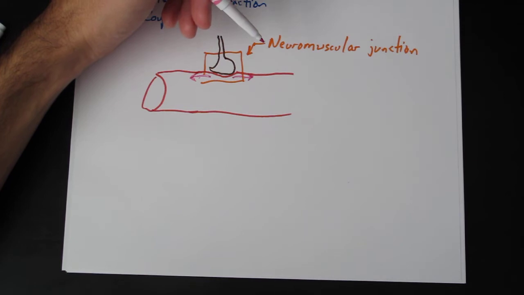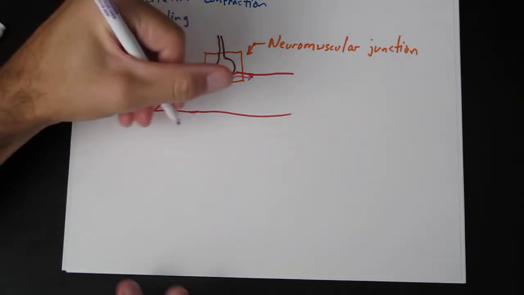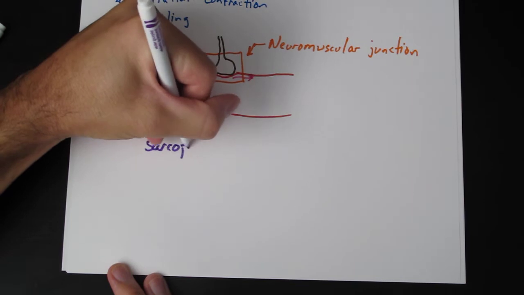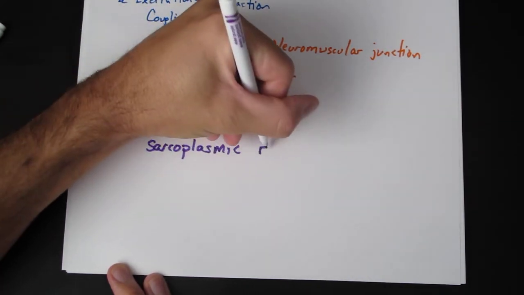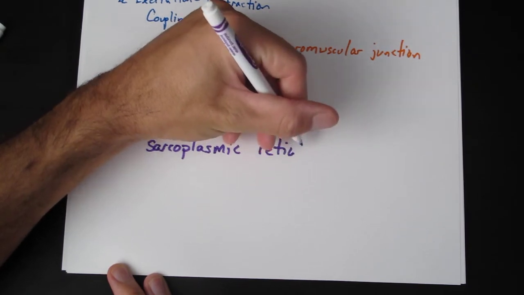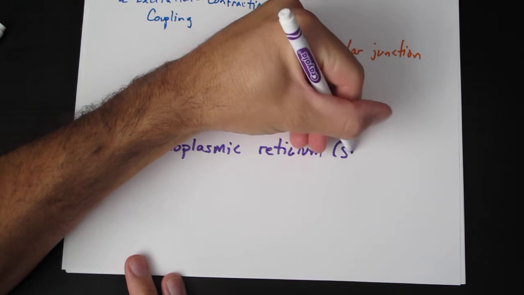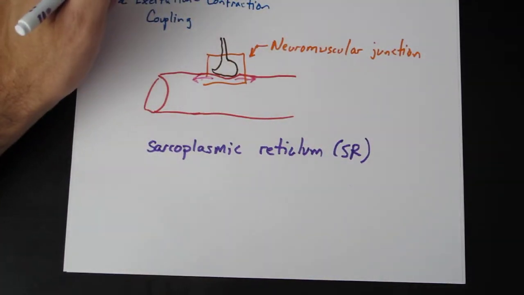And what we want to ultimately affect is that organelle that we talked about earlier on in this unit called the Sarcoplasmic Reticulum. Okay, I'm just going to abbreviate it from now on as the SR.